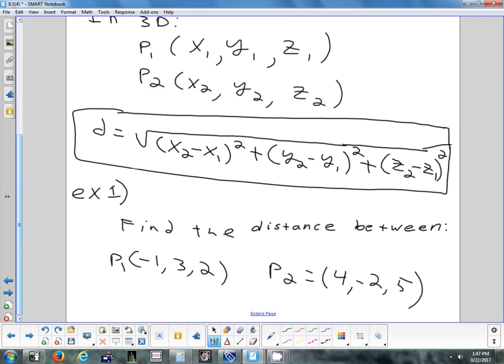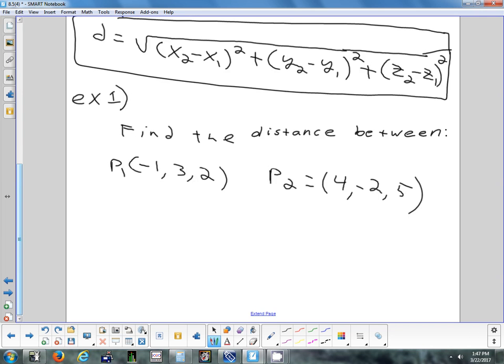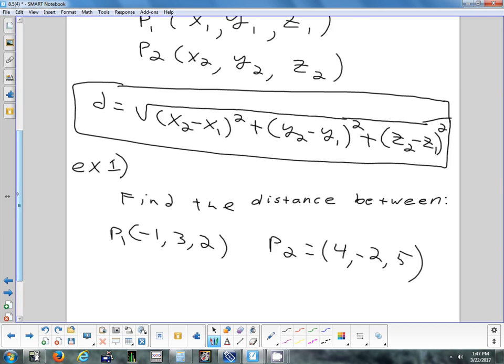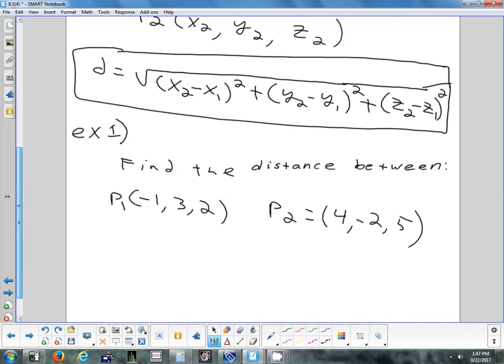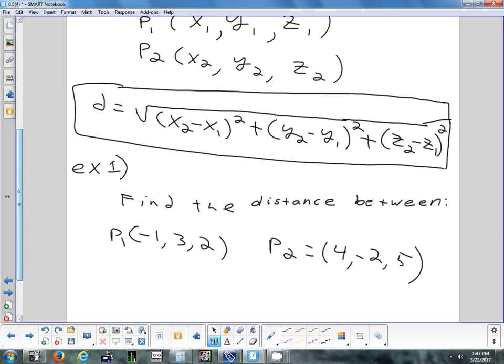The first thing that I usually do is just set up that entire equation, leaving blanks for everything you're going to plug in. Does everybody have up to P2?